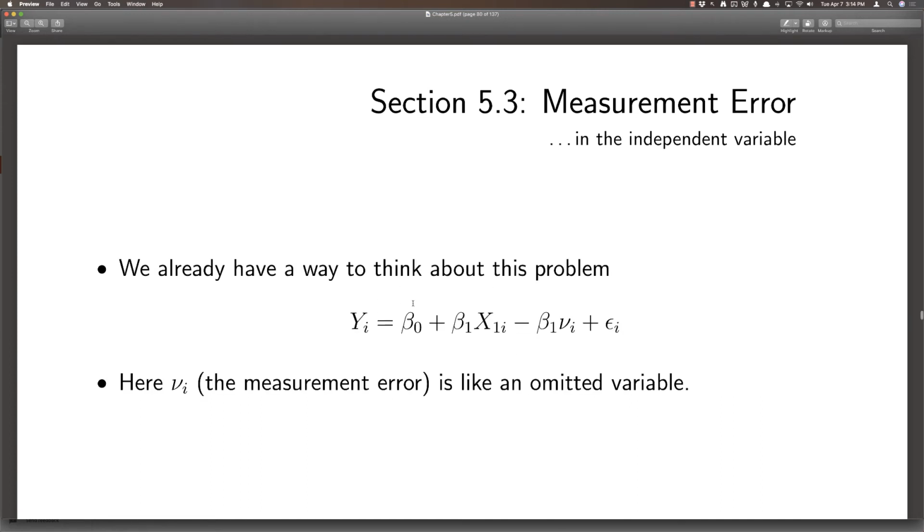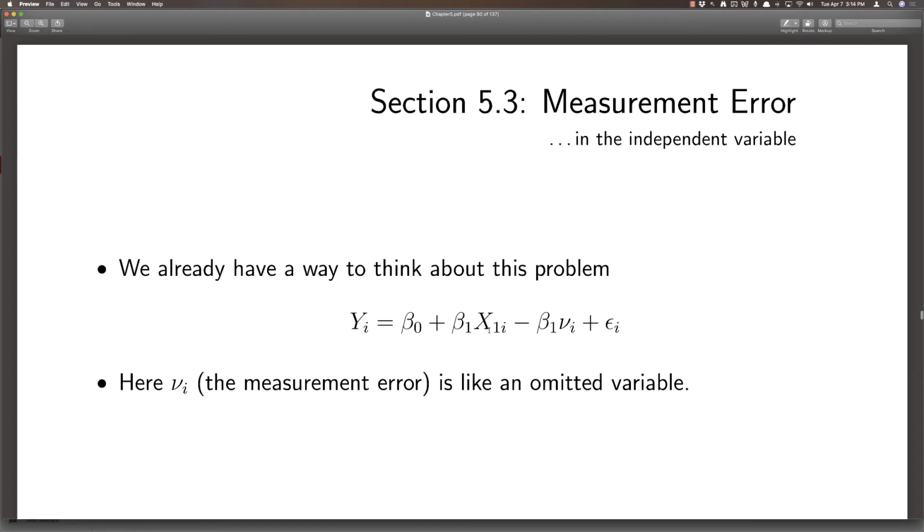We already know how to think about this problem though, right? What if I don't account for the measurement error? Well, that would be like leaving out a variable, and we have a way of thinking about what happens when we leave out a variable. It's like an omitted variable, because we don't observe this, so this would not be in the model.